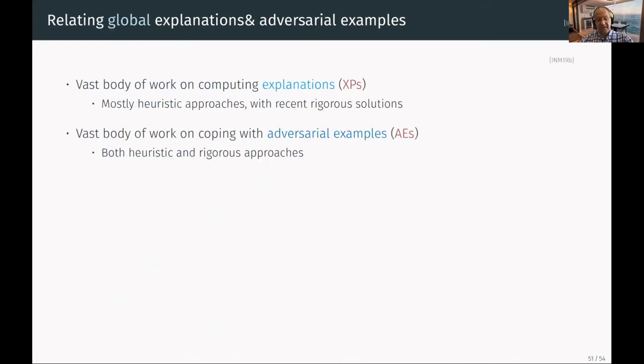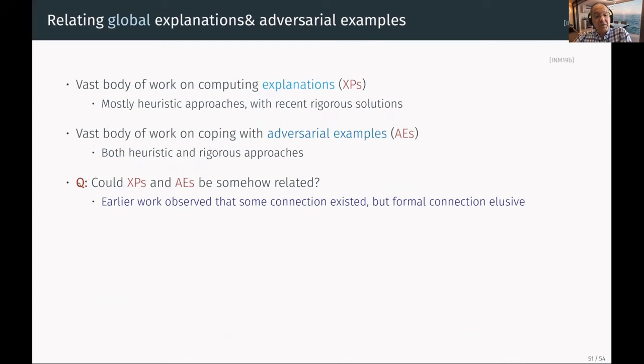Before that, we had a different type of duality we called global explanations, and that one we related with adversarial examples. There was at the time a vast body of work on computing explanations, heuristic explanations, but also some rigorous ones, like ours and others. And there was, of course, a huge body of work on adversarial examples, again with rigorous and heuristic approaches.